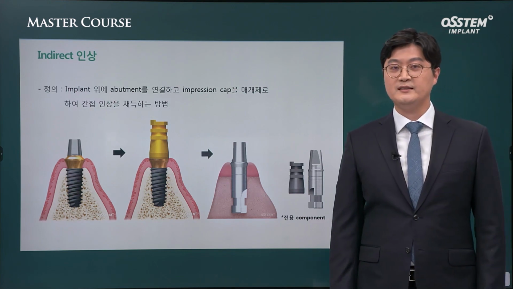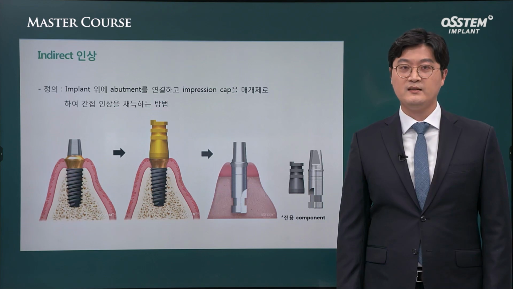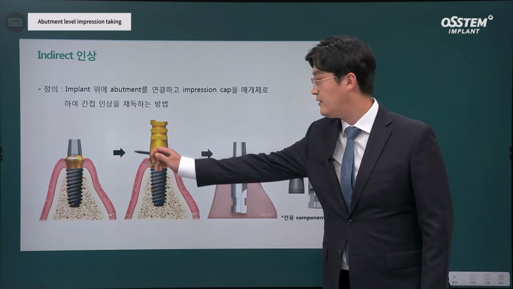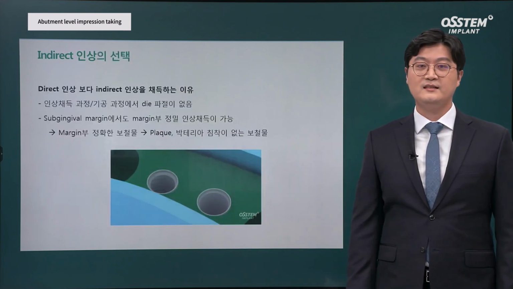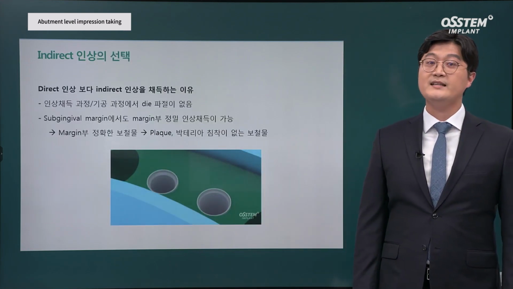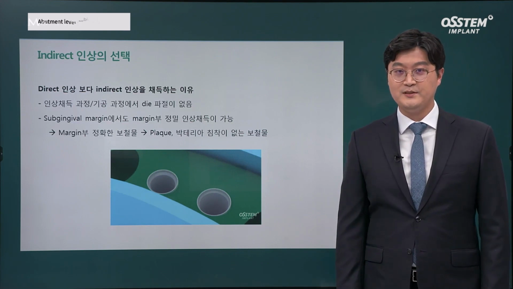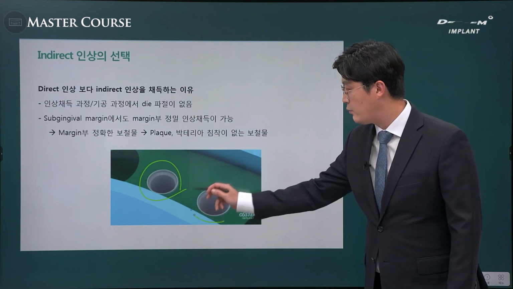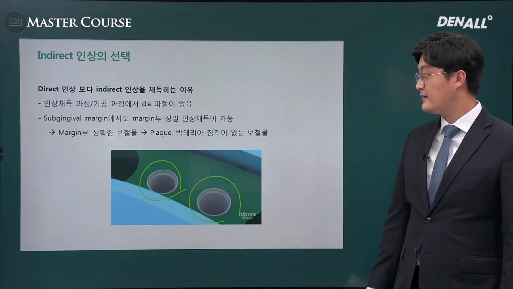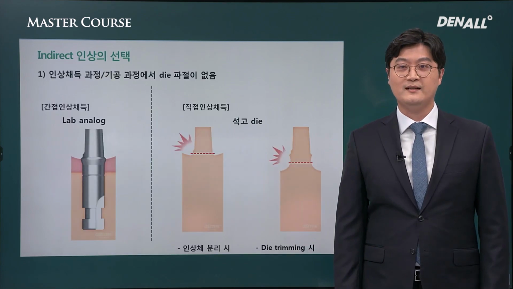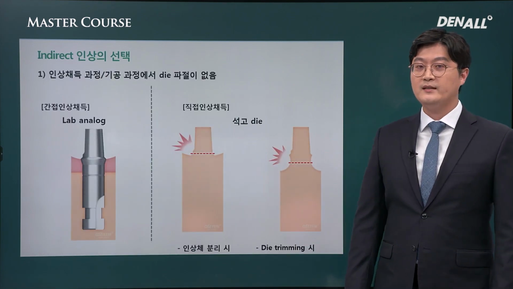Abutment level has two types, direct and indirect. For direct impression taking, plastic cap is used for impression taking. The plastic cap is coming out with the impression material. Plastic caps are included in the impression material, and stock lab analogs are inserted in them to make gypsum model.